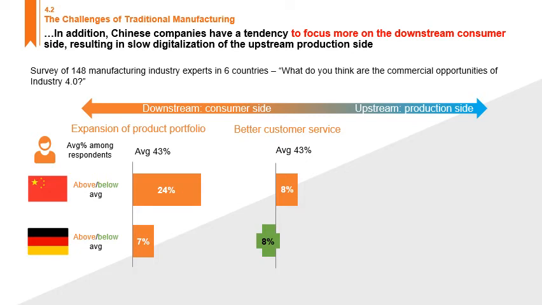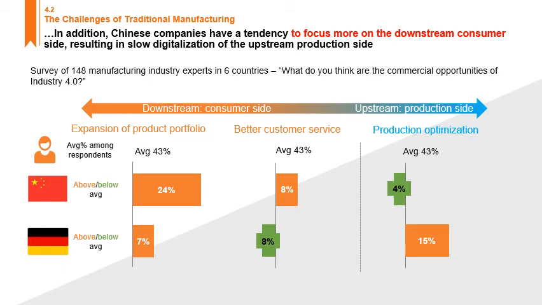Now, moving on to the upstream production side, however, you notice that Germany actually has 15% higher than the average, which is 4% more, but China was below average. That is why they only focus on downstream rather than the upstream.